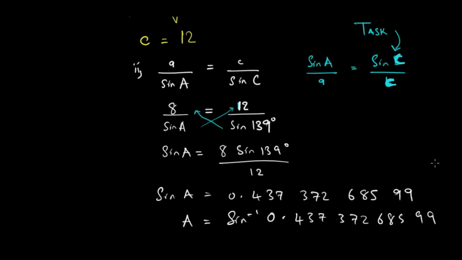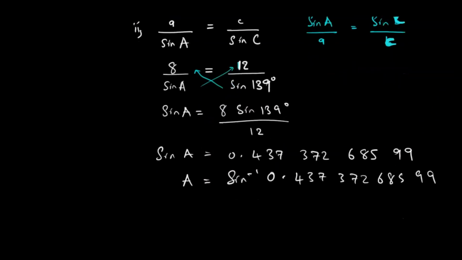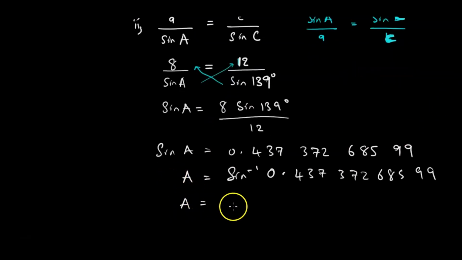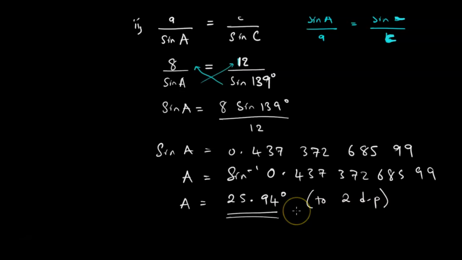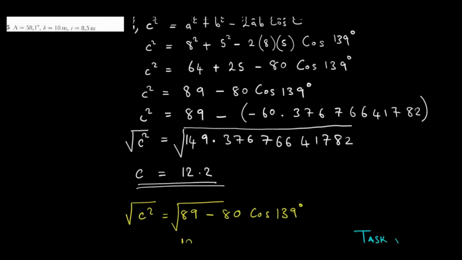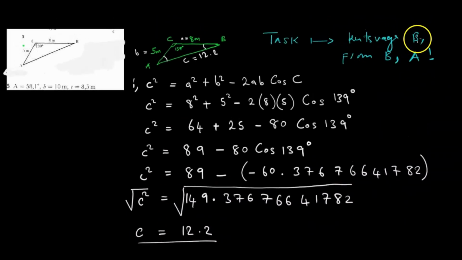The value we are getting for A is equal to 25.93636794530, which we are going to take as 25.94 because it is a degree, expressed to 2 decimal places. So that is going to be the value of A. Having found the value of A, you will start by finding the value of B, remember, as your task.